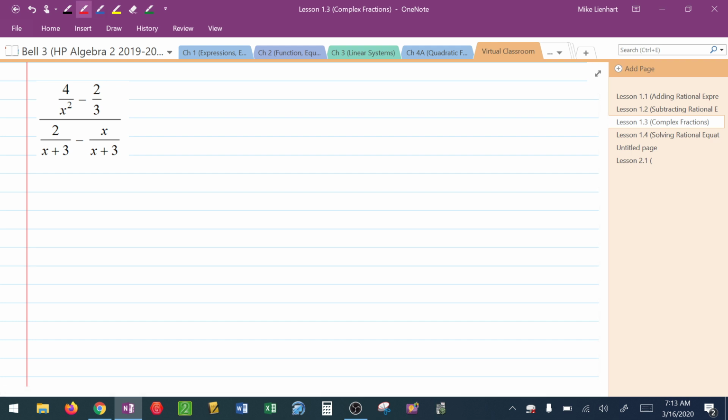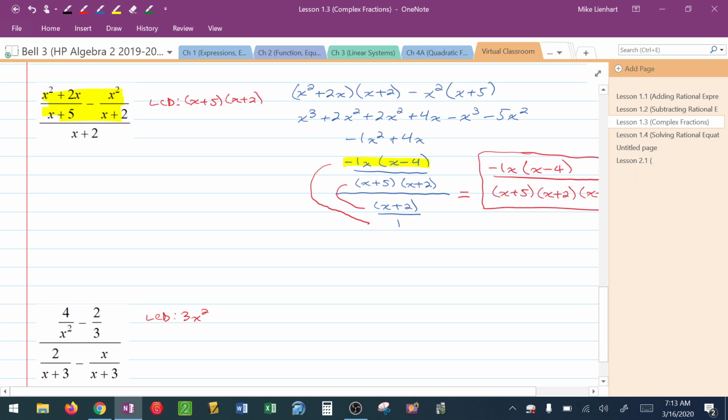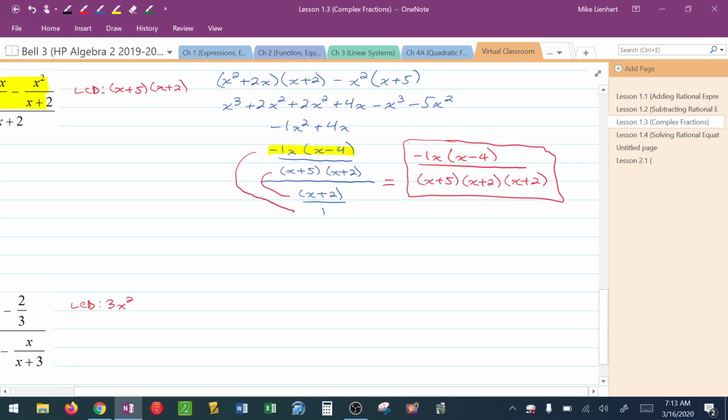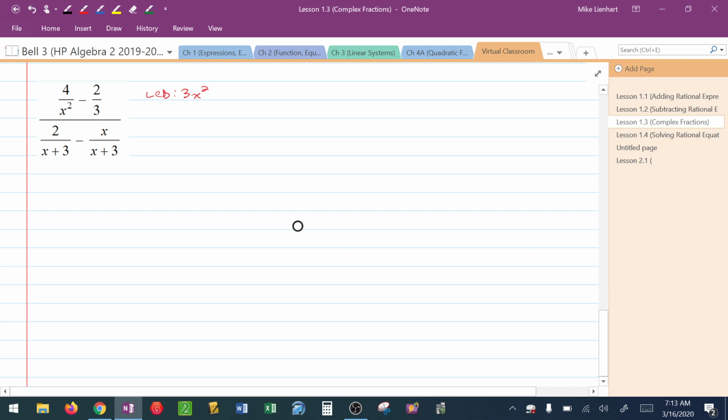Well, in red, I'm going to simplify the numerator. I know it has an LCD of 3x squared. I'm going to adjust the numerator, so I have, let's see here. Let me make sure something real quick on this one. Yep, we're good. Okay. Sorry, I had to double check myself there.